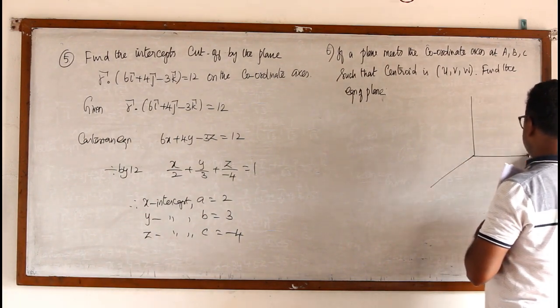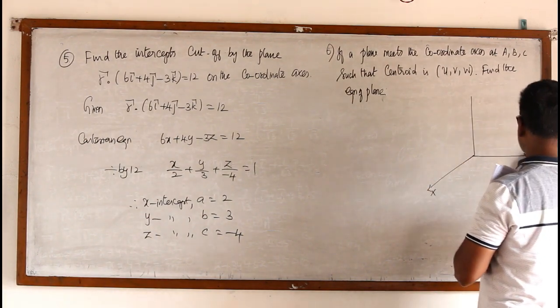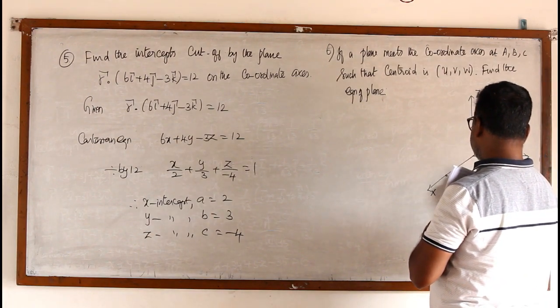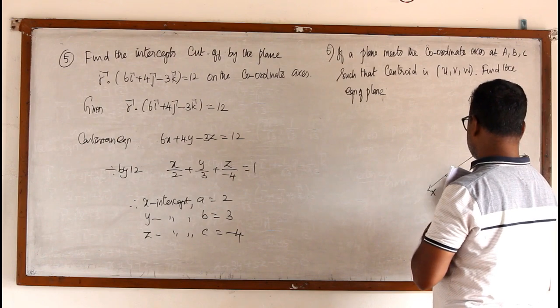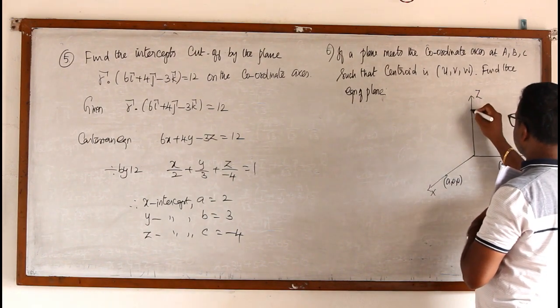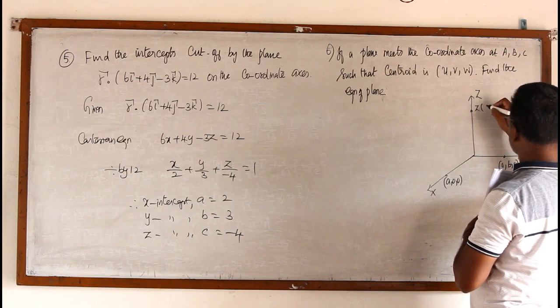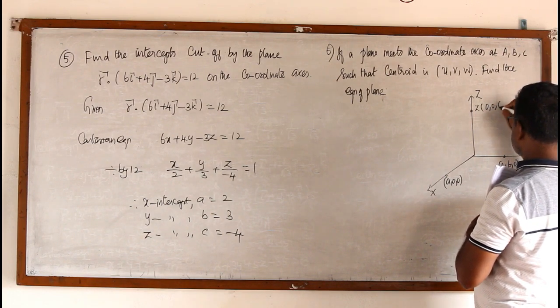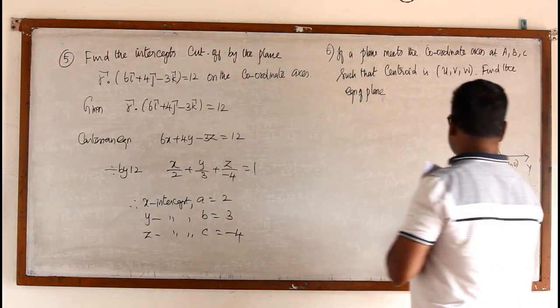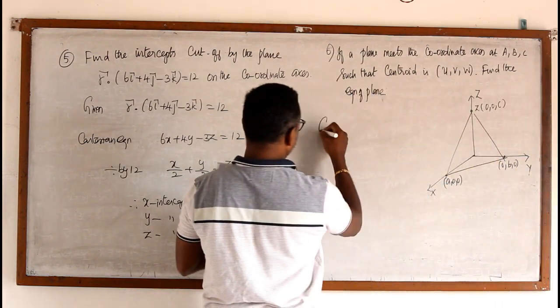So, I have x-axis, y-axis, z-axis. Then the point on x-axis is A, 0, 0. Point on y-axis is 0, B, 0. Point on z-axis is 0, 0, C. So if this is the plane with intercept form, then the centroid is given.